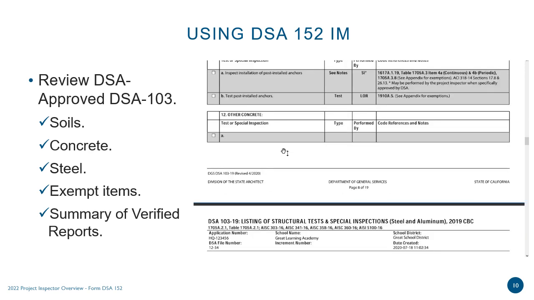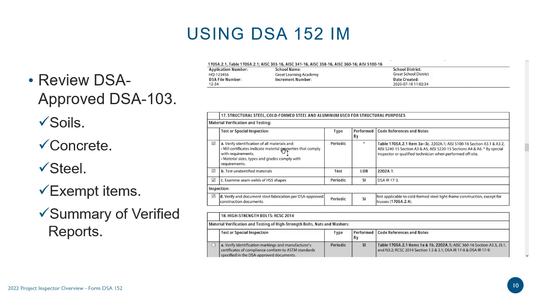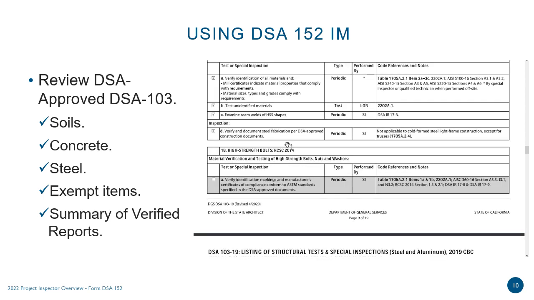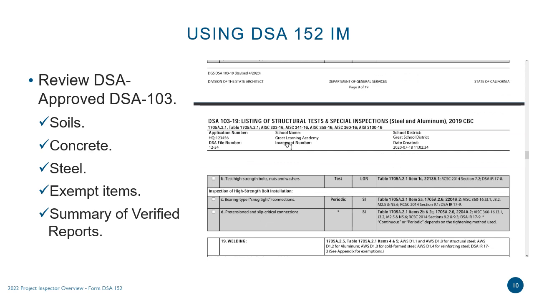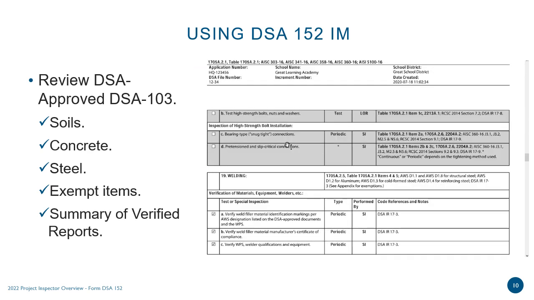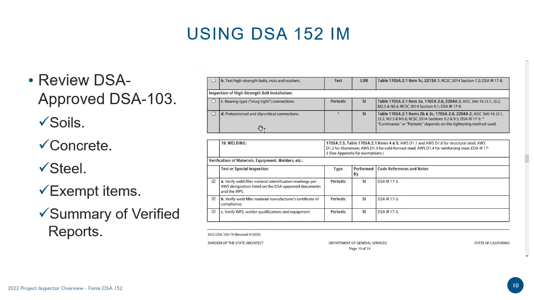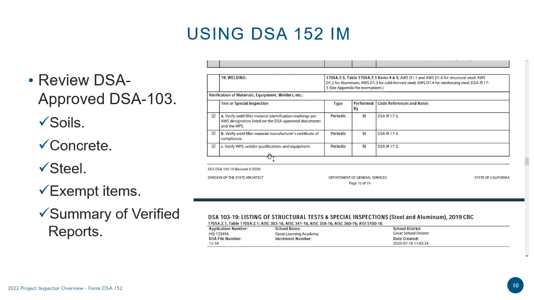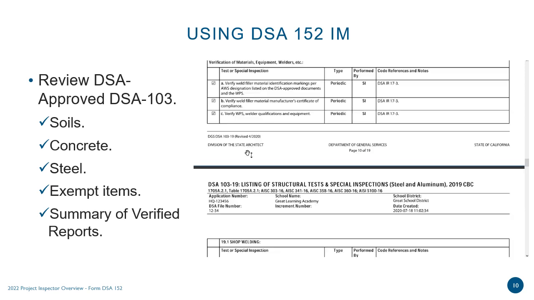You'll see that those items are grayed out and do not have a check mark. Now moving on to the steel, we see several check marks associated with the structural steel for that project. And we're going to have several other sections that have not been checked, and then because of the welding, there's going to be some items identified here, some check boxes.